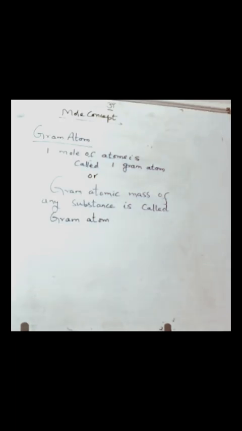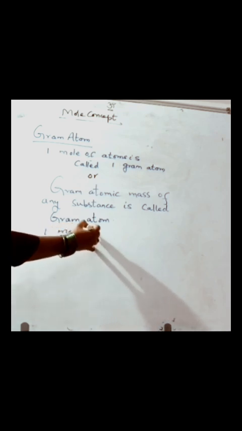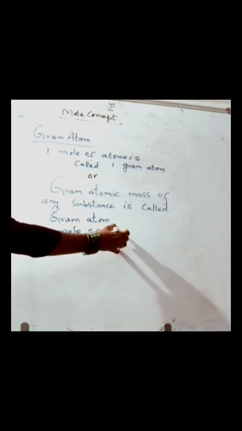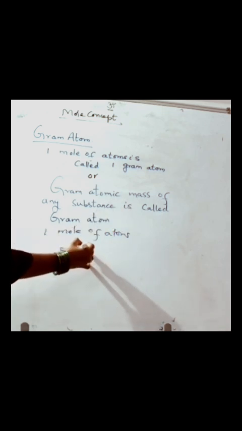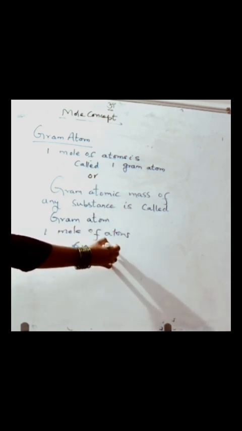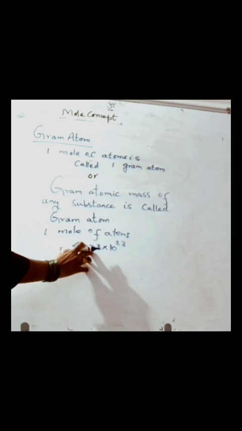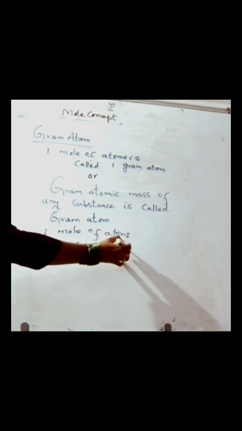Gram atom. 1 mole of atoms is called a gram atom, or the gram atomic mass of any substance is called a gram atom. 1 mole of atoms is nothing but Avogadro number of atoms, meaning 6.023 into 10 power 23 atoms.